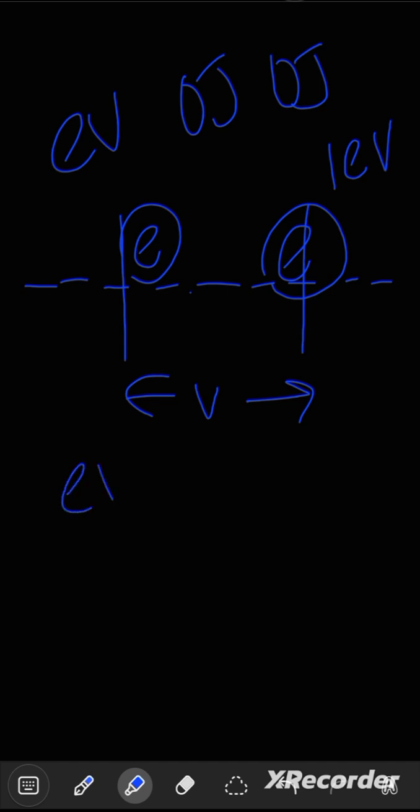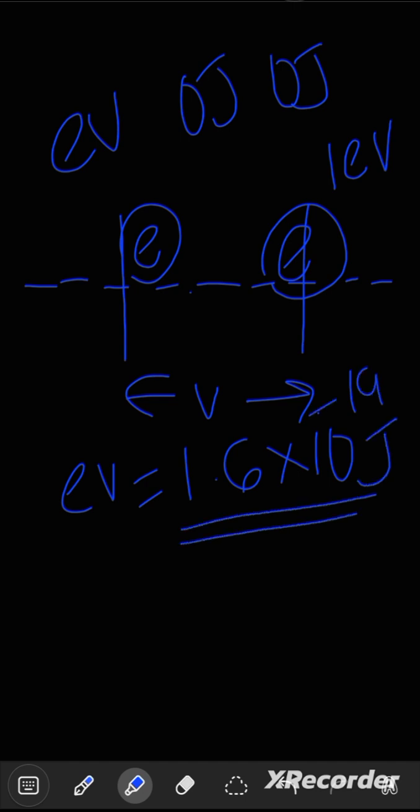Electron volt has a magnitude of 1.6 into 10 to the power minus 19 joules. This is quite easy to remember because this magnitude is the charge of an electron, which is 1.6 into 10 to the power minus 19 coulombs.